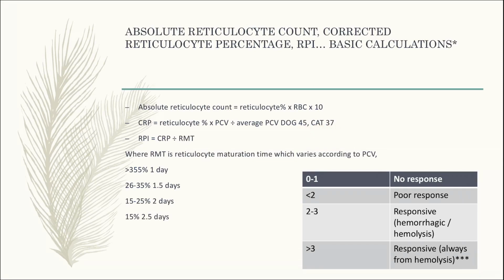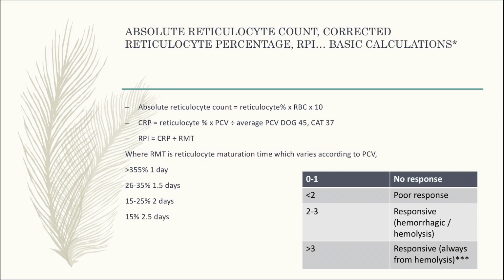And coming to RPI index, which is called the reticulocyte production index. So reticulocyte production index is equal to corrected reticulocyte percentage divided by reticulocyte maturation time, where reticulocyte maturation time is the time taken by bone marrow to release reticulocytes in order to compensate the anemia in the peripheral smear.